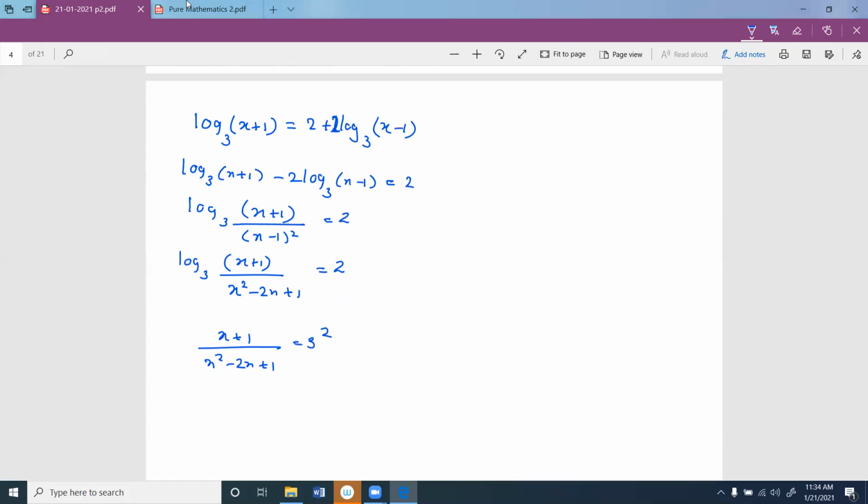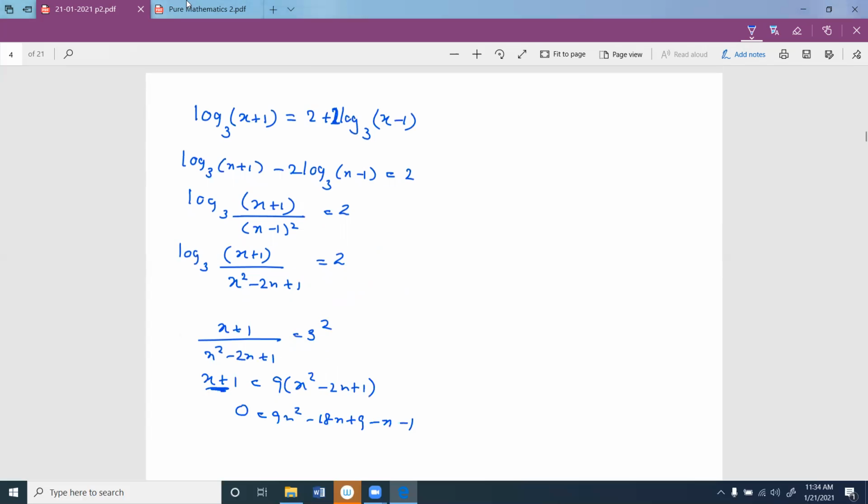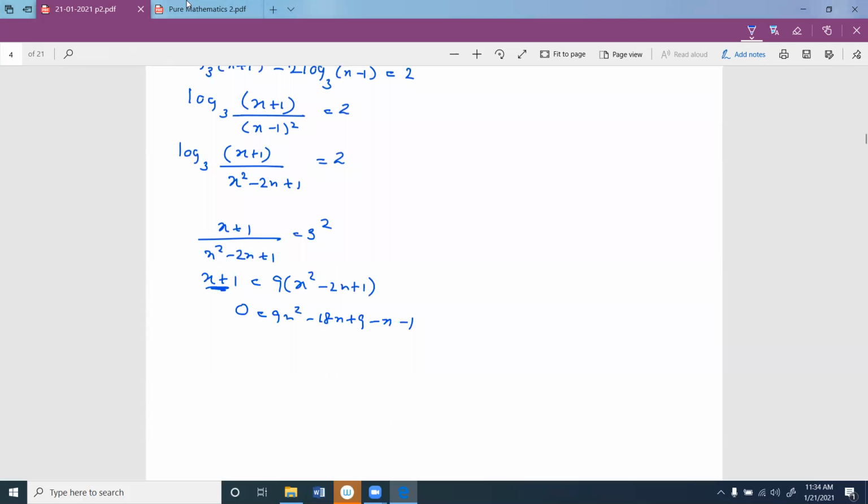So you can write x plus 1 is equal to 9 times this factor, x squared minus 2x plus 1. So it turns up to 9x squared minus 18x plus 9 minus x minus 1. I just brought this term to the other side, and it forms a quadratic equation. If you simplify this, it turns up to 9x squared minus 19x plus 8 is equal to 0.